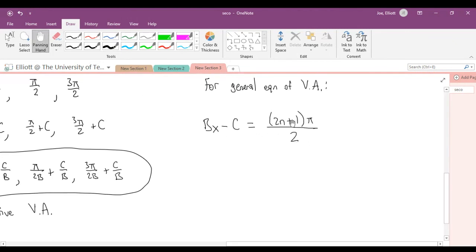So this would represent an odd multiple of pi over 2, and n would just represent any integer. Okay. And then from here, you can do the same thing and solve for x to get the equation of the vertical asymptote, okay?